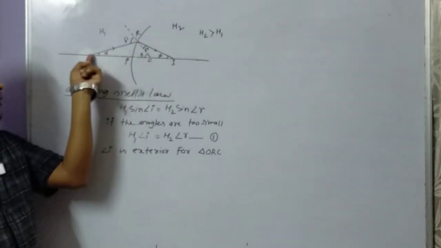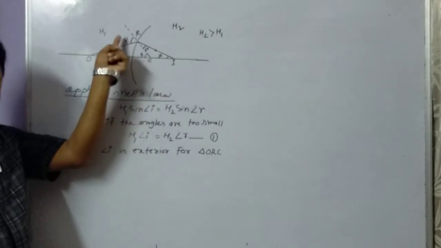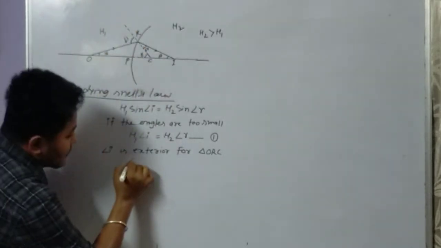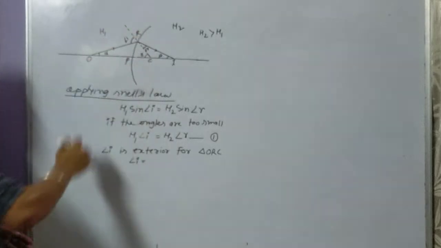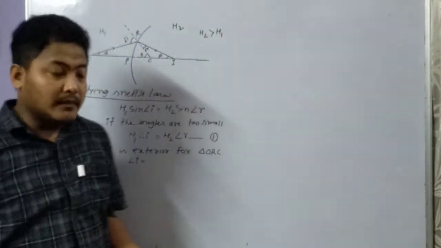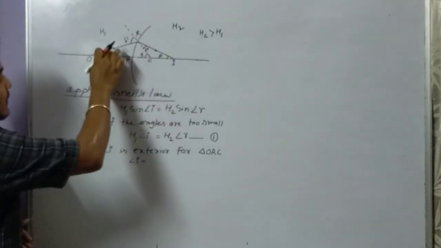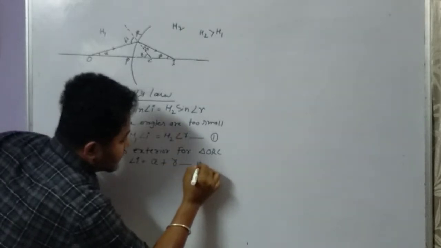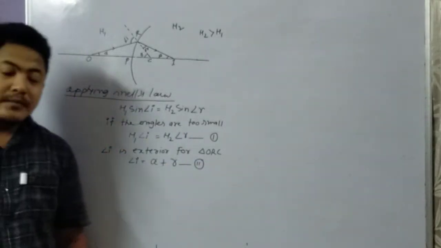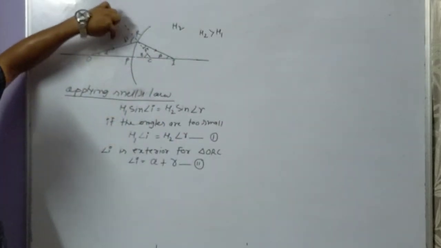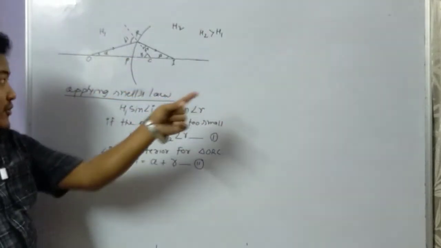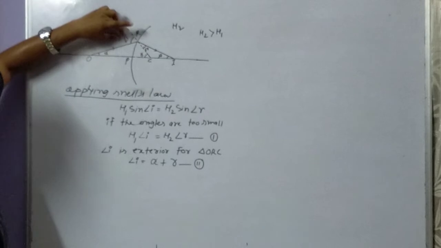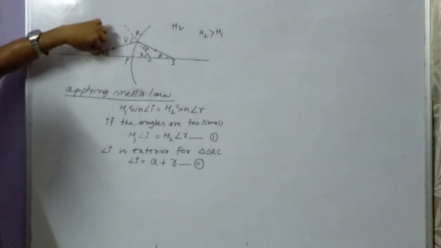If I consider this triangle ORC, then angle I is the exterior angle, and the exterior angle is the sum of the two interior angles. That means I is equal to alpha plus gamma. This is equation number 2.